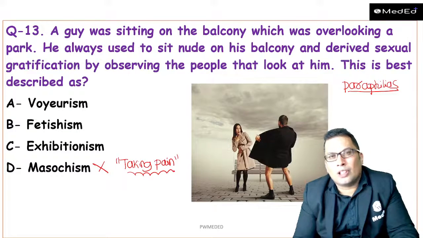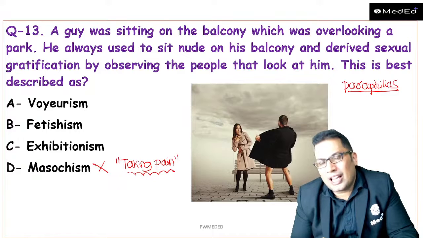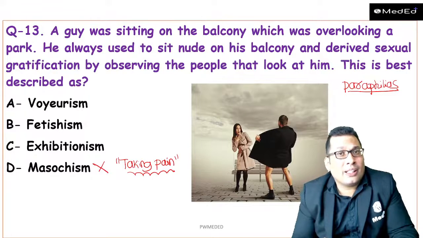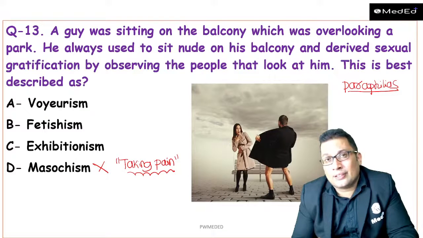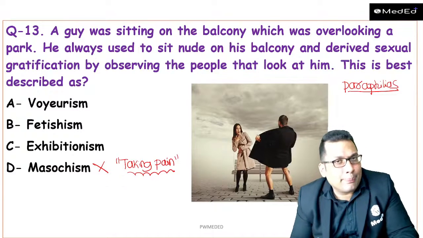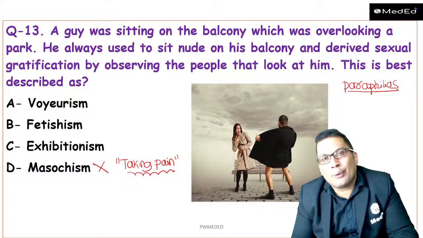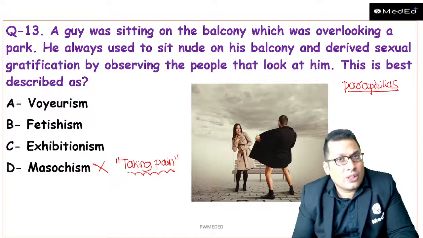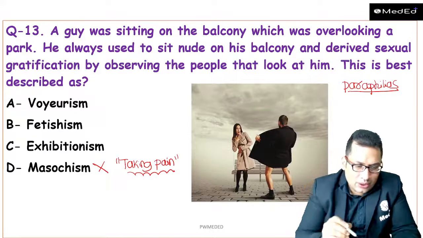Masochism is the opposite of sadism. Sadism means sexual perversion characterized by sexual pleasure obtained by beating the partner, can be associated with necrophilia, necrophagia, lust murder also. That is sadism. Masochism is not the answer.